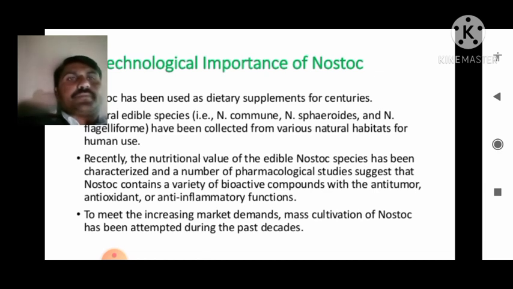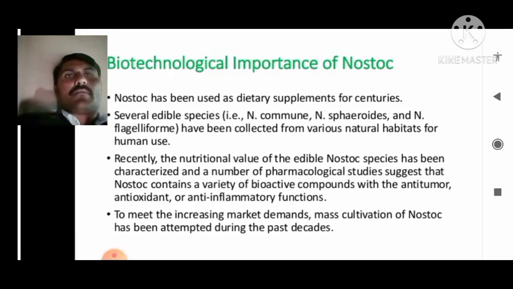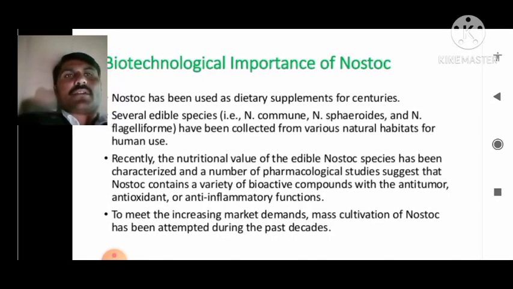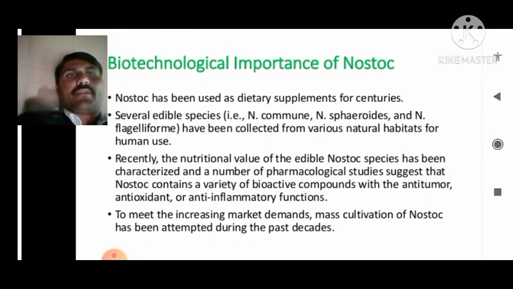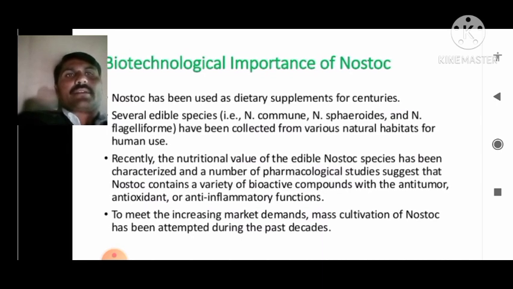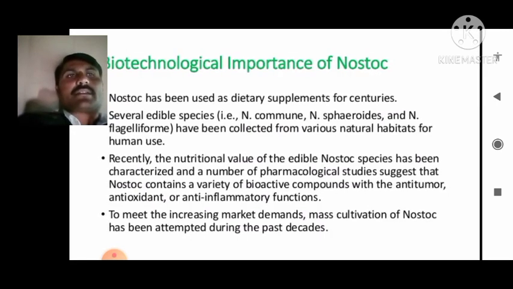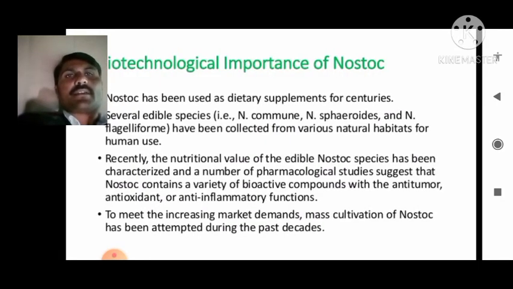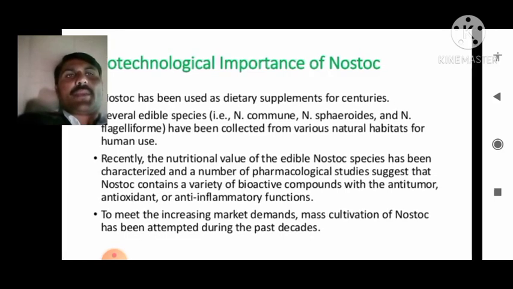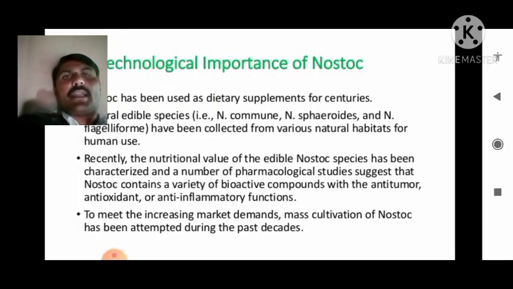Now, while studying, there is some biotechnological importance of the Nostoc. We'll see it. Several edible species, that is Nostoc communis, sphaeroides, flagelliforme, have been collected from various natural habitats for human use.